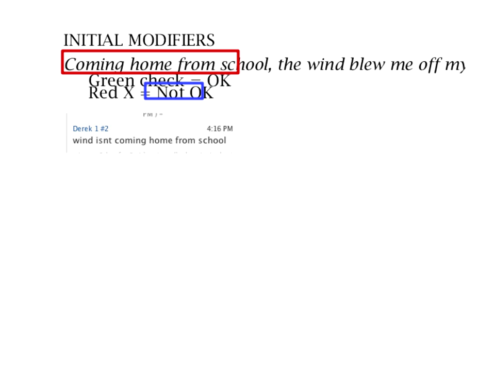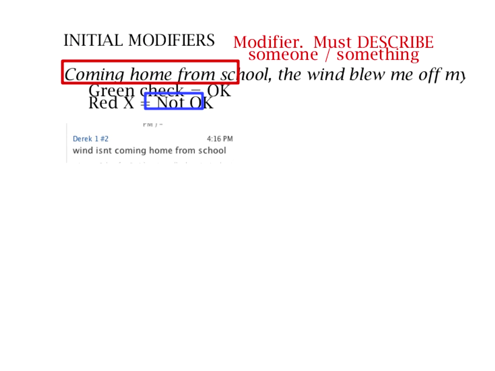So the modifier must describe someone or something. Presumably it's going to be a someone, because things don't really come home from school. And who is this intended to describe? Well, clearly the person who was coming home from school in this sentence is me.